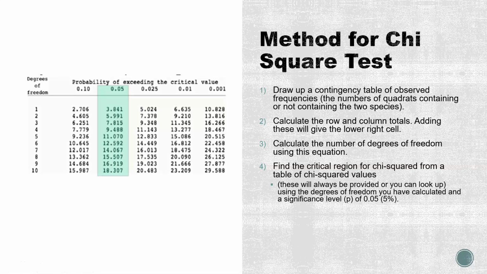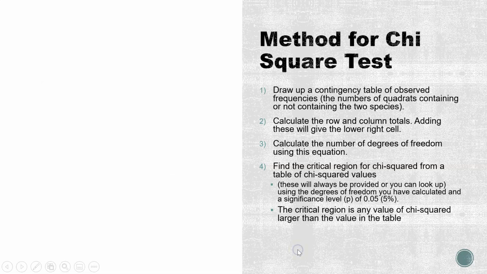These will always be provided, using the degrees of freedom you have calculated and a significance level probability of 5%, okay? The critical region is any value of chi-squared larger than the value in the table.